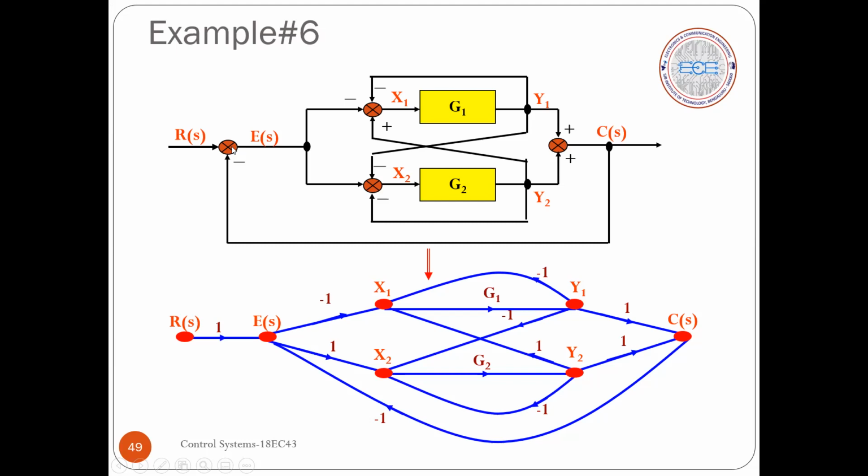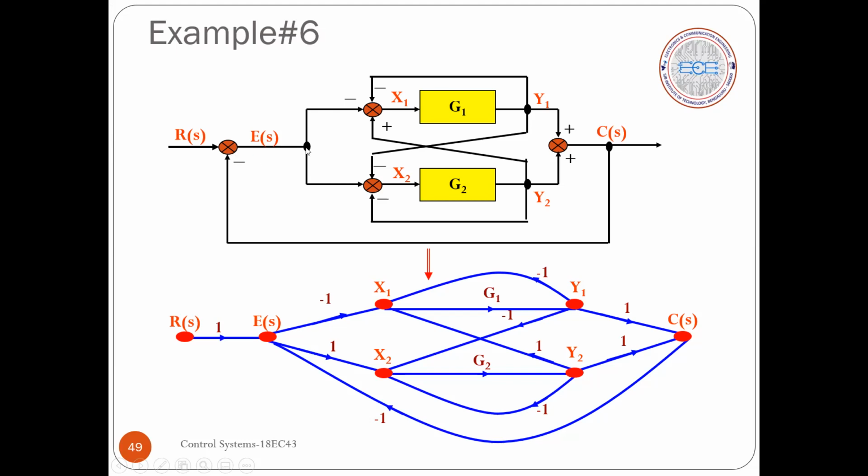I repeat, from this summer to this takeoff point, there is no gain. Similarly, from this takeoff point to the next part of the graph, there is no gain mentioned. In that case, you can merge a summer and a takeoff point.